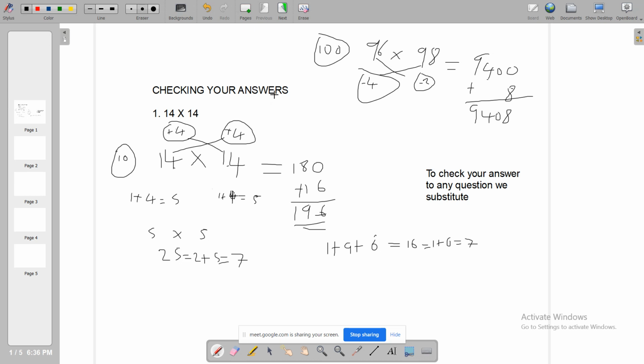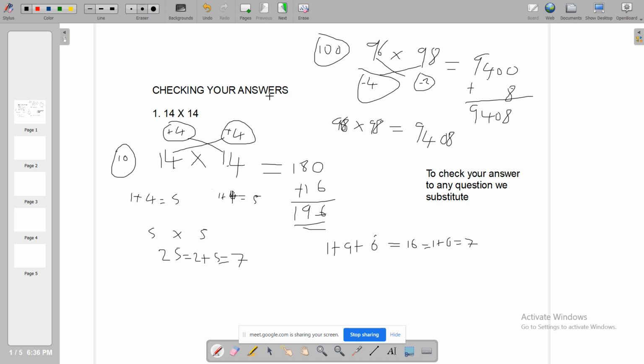So now we have 96 times 98 equals 9,408. To prove this, we have to find the substitute for this.